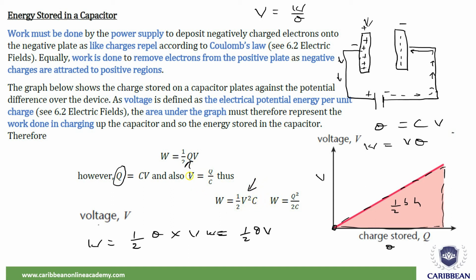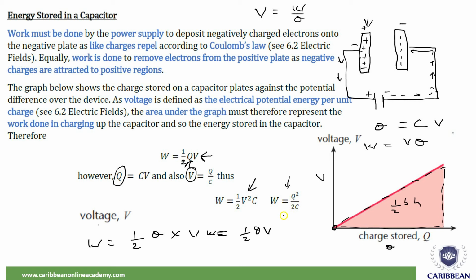And also, if I were to substitute V in this work equation, I would now see that the work is equal to Q squared divided by 2C.